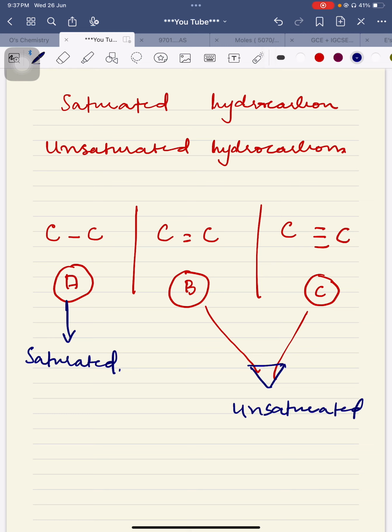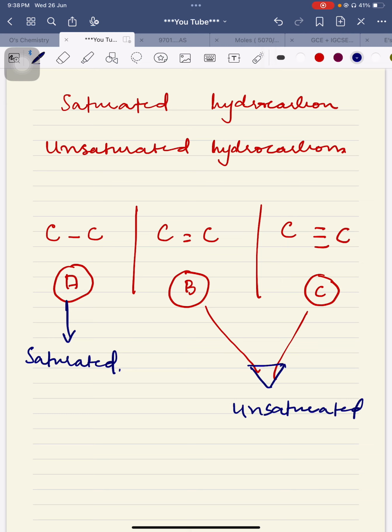Sometimes carbon makes a double covalent bond with other elements like oxygen and nitrogen, or other elements from group 6 and 5, which have the ability to make more than a single covalent bond with carbon. So in those compounds, as long as a carbon-carbon double covalent bond is not present, we are not going to consider it an unsaturated hydrocarbon.